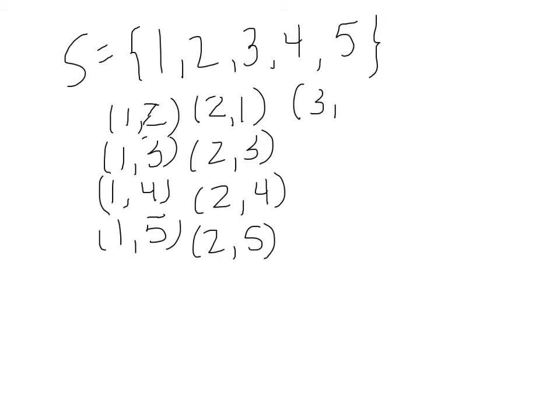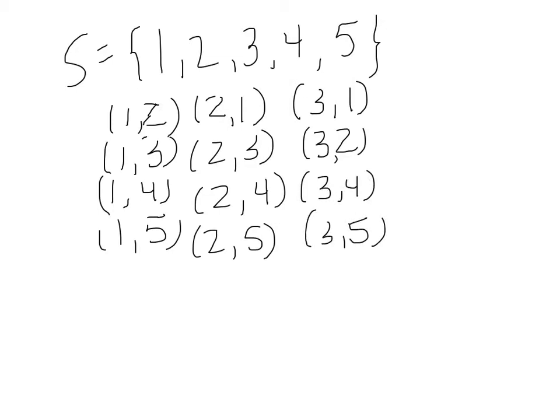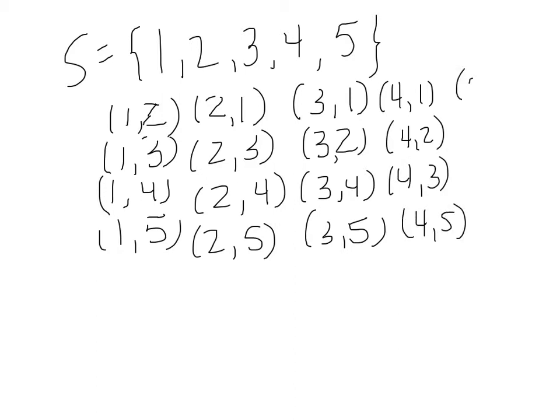And then we could start with 3, 1, 3, 2, 3, 4, 3, 5. Continuing on, we will go 4, 1, 4, 2, 4, 3, and 4, 5. And last, we would have 5, 1, 5, 2, 5, 3, and 5, 4.